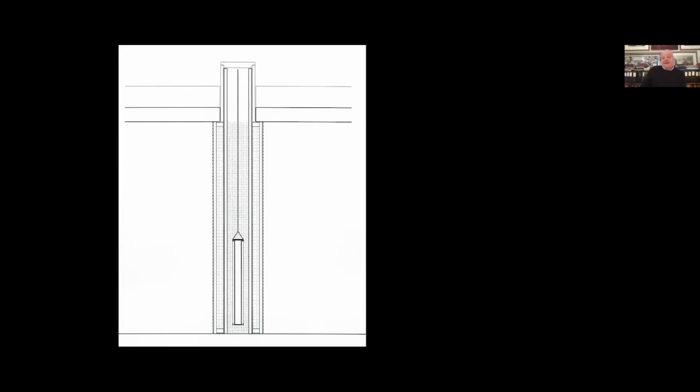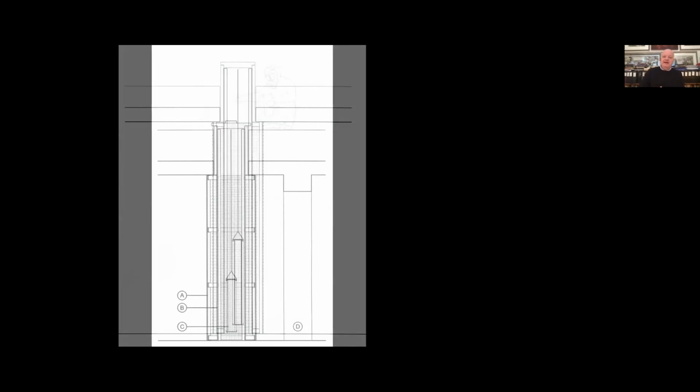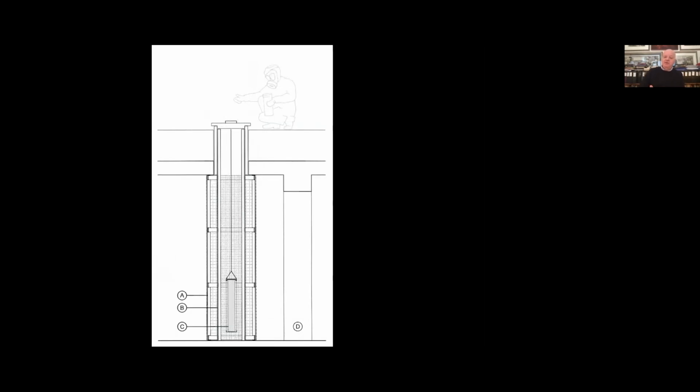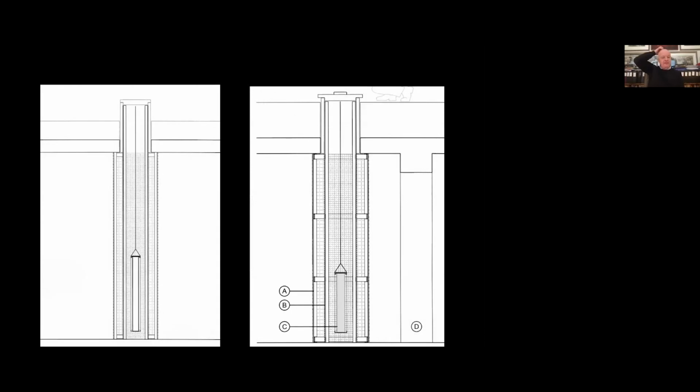So my first reconstruction was this one. I did this with a student named Scott Parker. But ultimately, for the publication of the book, we ended up with a more robust version. The reason for the robust version is that we were going back to why the column existed.